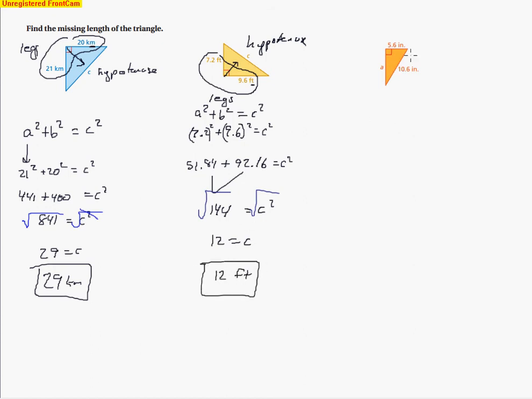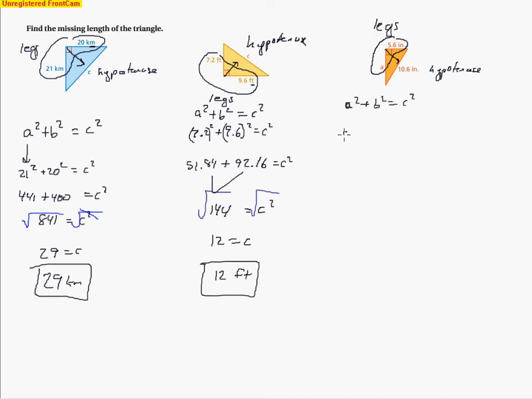So on this one, we've got a right angle symbol right here, and that tells us that these are the legs of the right angle of the triangle, and this is our hypotenuse. The side opposite the right angle symbol is always our hypotenuse. So we'll start off with our formula, a squared plus b squared equals c squared.